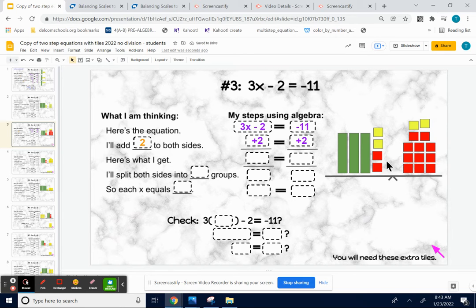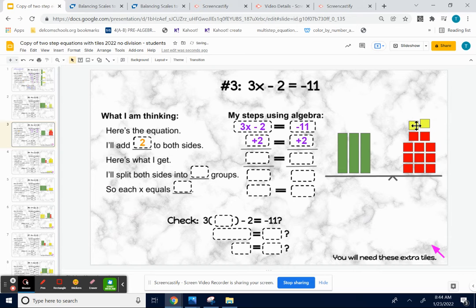Before I do the "here's what I get," we added 2 yellows to 2 reds because we wanted to get rid of these. These 2 yellows and these 2 reds cancel each other out. So I'm going to go ahead and click on all 4 of them, backspace. I'm going to take those zero pairs out. Same with over here. I have 2 yellows and 2 reds.